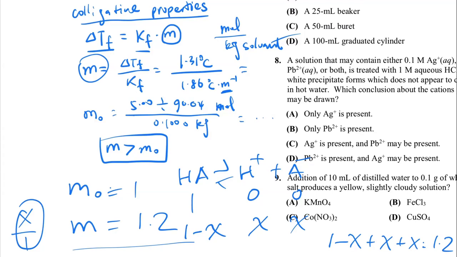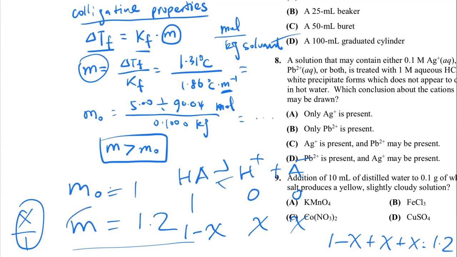So M0 is measuring the molality of the original acid, because you use the mass of the oxalic acid divided by the molar mass, further divided by the kilogram of the solvent. You get the molality of the original acid without considering any dissociation, right?